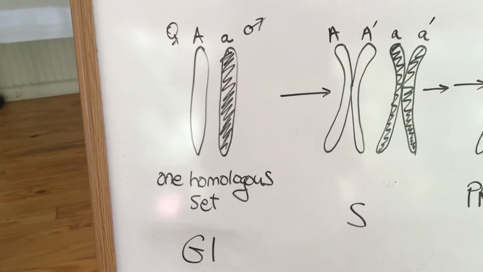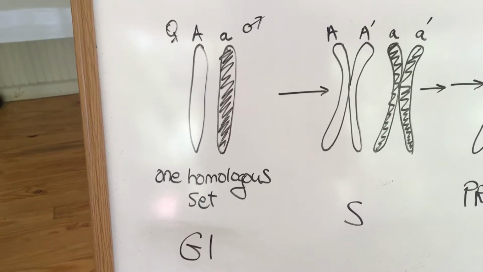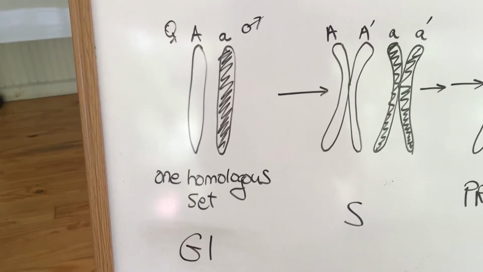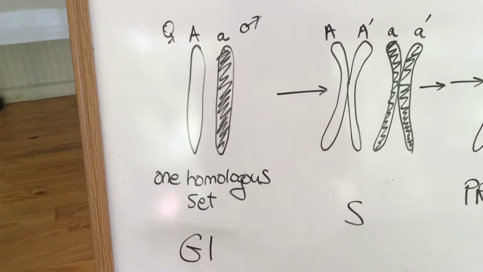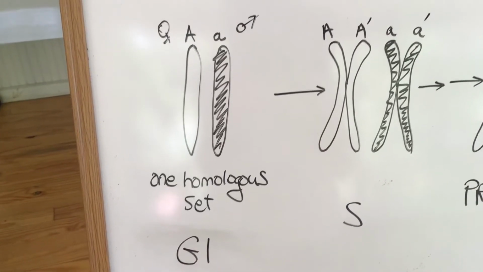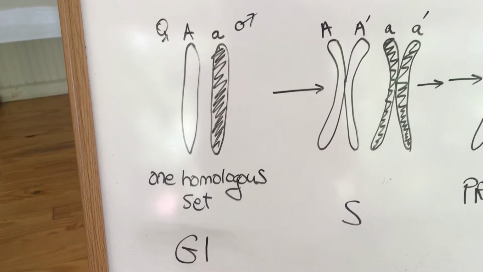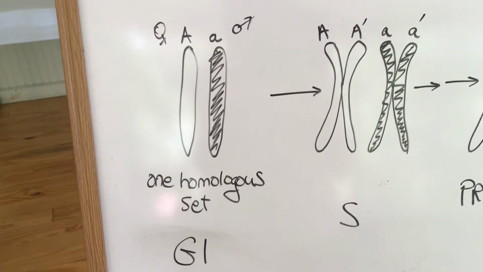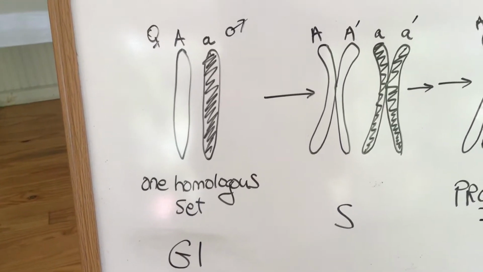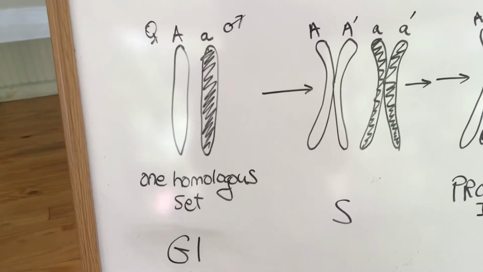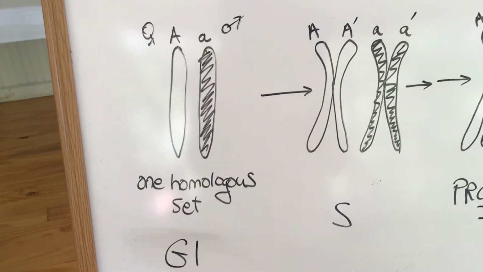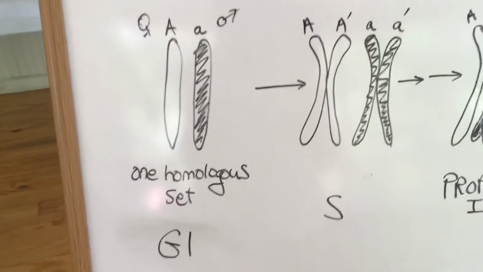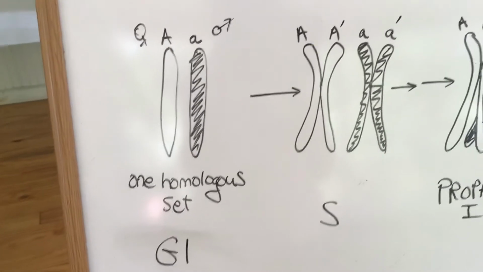And because each chromosome has hundreds of genes on them, it's unlikely that one chromosome would be exactly like the other one. In other words, the mom's chromosome of one set is not exactly like the dad's because of the different allele possibilities. Okay, so in this case, I just have one homologous set.